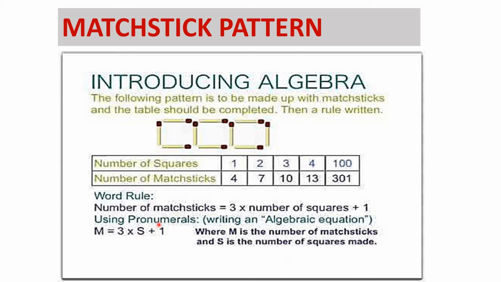Such expressions, and when equal to comes, you will understand later, it will be an equation with equal to. So this type of expression that we write using letters is called an algebraic expression.